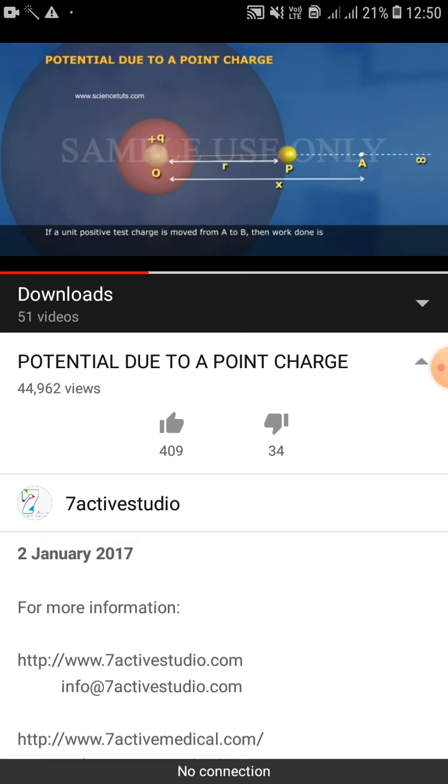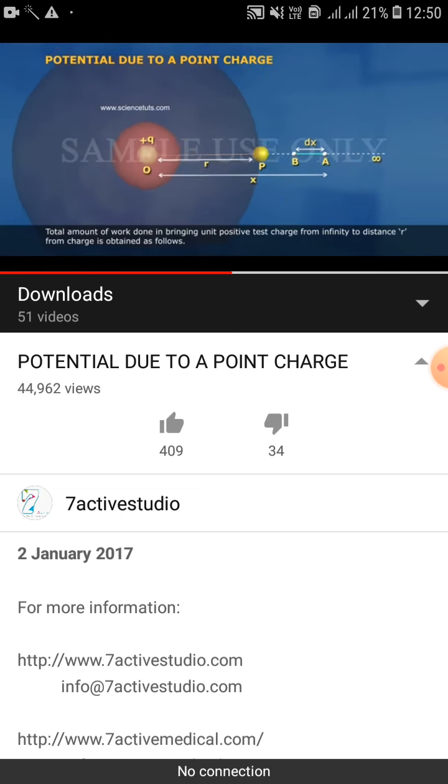If a unit positive test charge is moved from A to B, then work done is dW is equal to F bar dot dx bar, dW is equal to F dx cos 180 degree is equal to minus F dx. Total amount of work done in bringing unit positive test charge from infinity to distance r from the charge is obtained as follows.